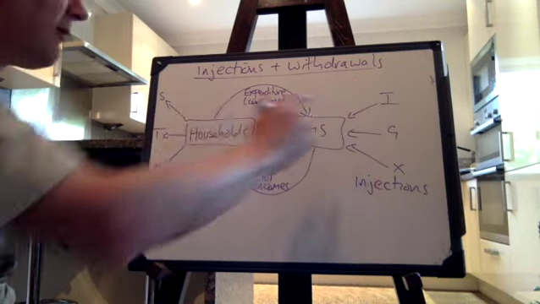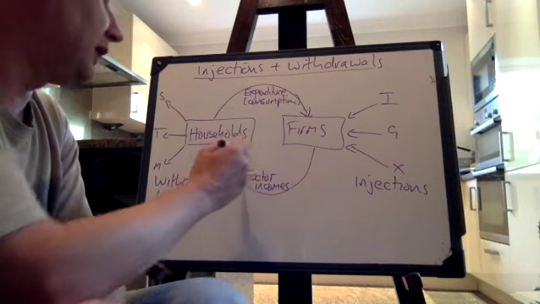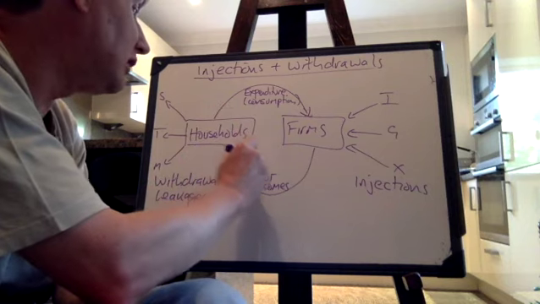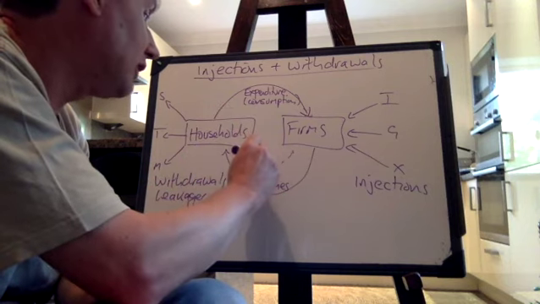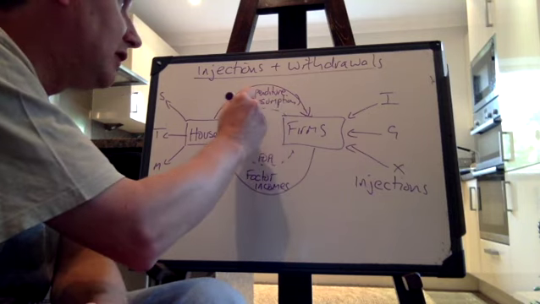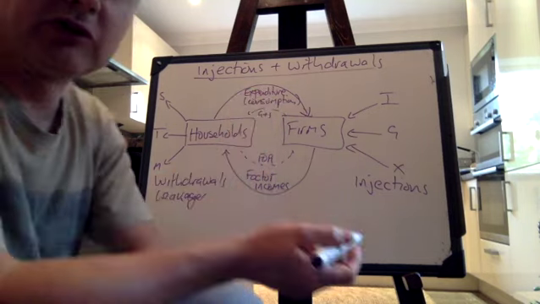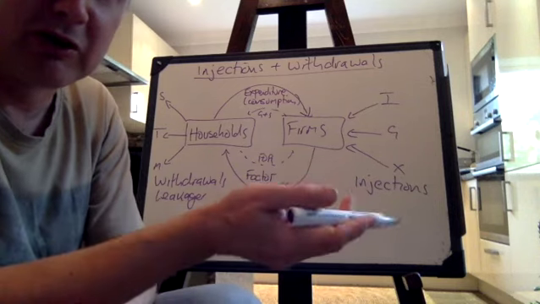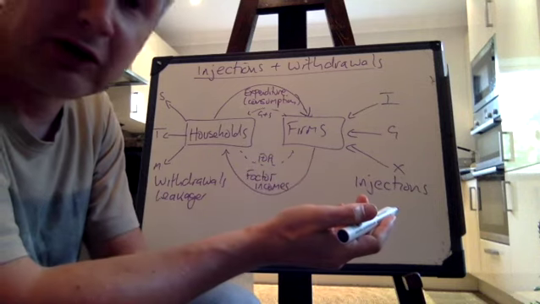Firms paid factor incomes to households in exchange for factors of production. Households spent money on firms in exchange for goods and services, and the model was always in equilibrium because there was nothing coming in and nothing going out.